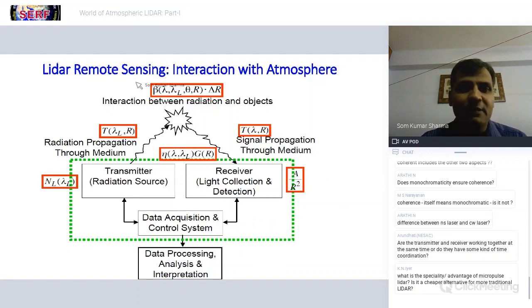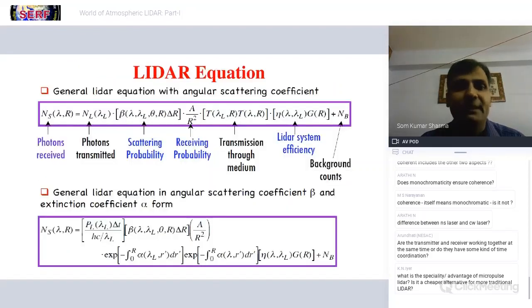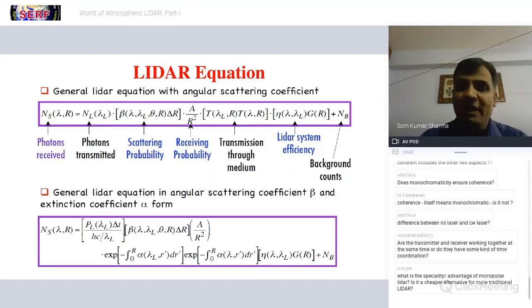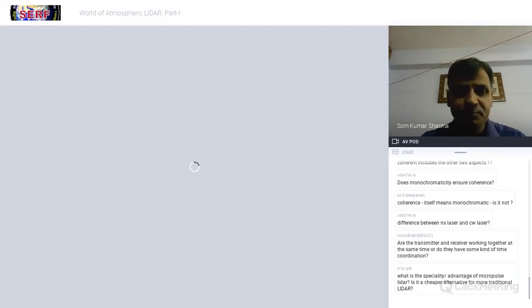So all the terms here, beta, T, transmitted signal, received signal, and area of aperture, how they are related in the atmosphere and in the LIDAR is shown diagrammatically here, and mathematically this is the LIDAR equation. You have seen through these slides how these terms are used in the atmosphere. Please remember, the LIDAR equation is a very important part of LIDAR.